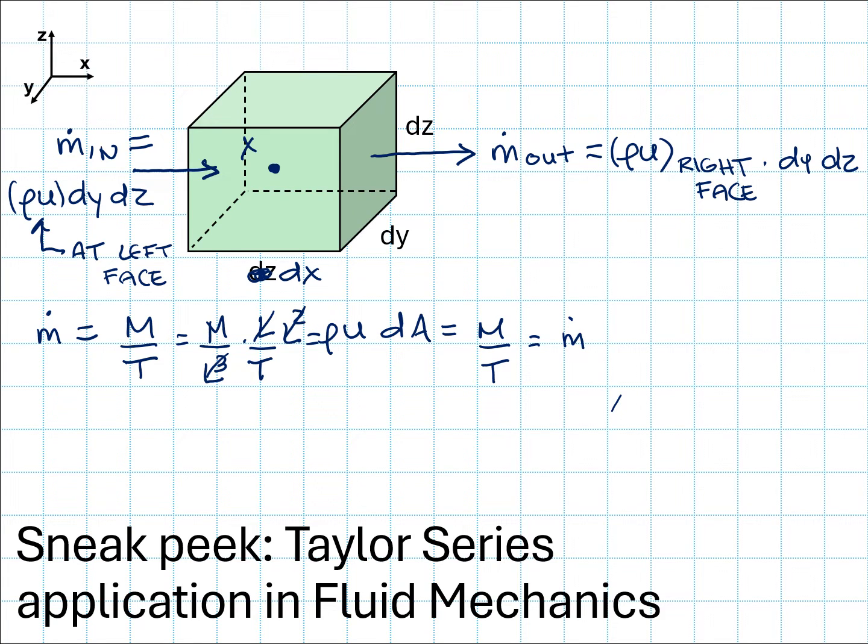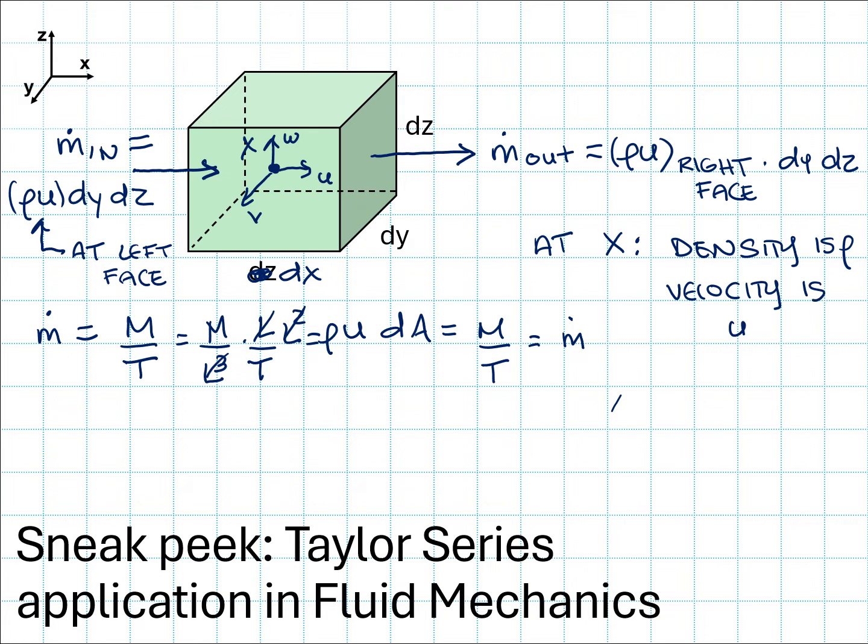And let's say that right here I've got my velocity in u, in v, and in w. And I know at point x that my density is rho and velocity is u, v, w.